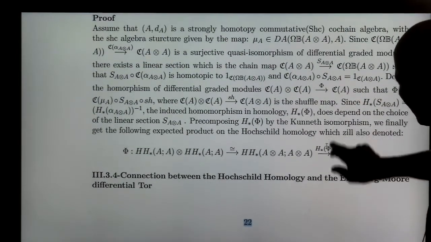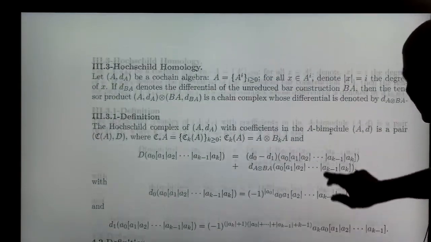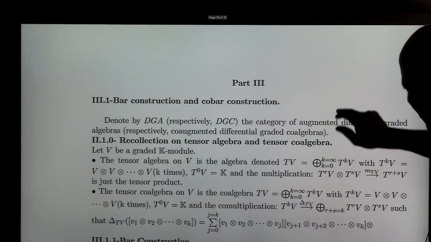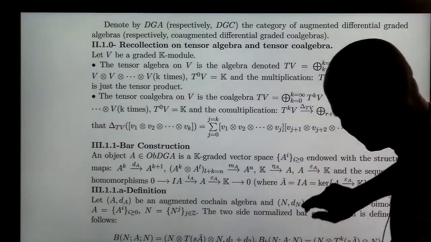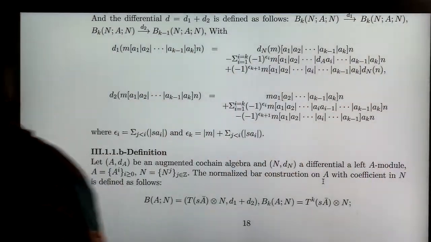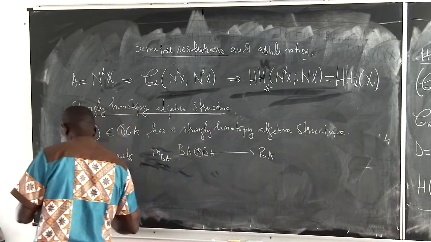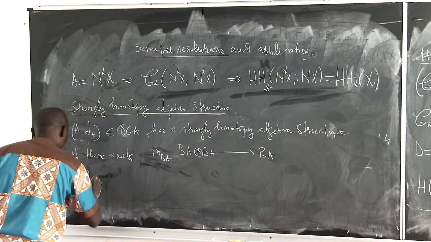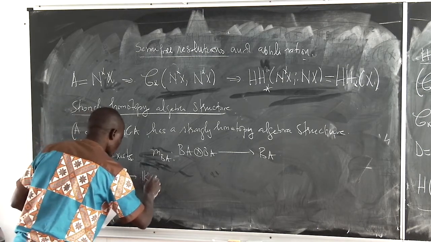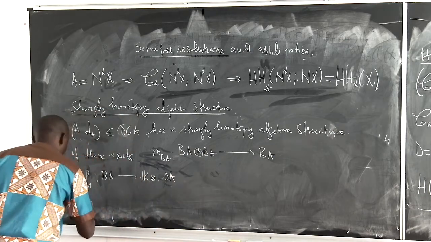Let me give you the property. Bar construction. The property is this one. If P1 is just the projection, then we have these properties.